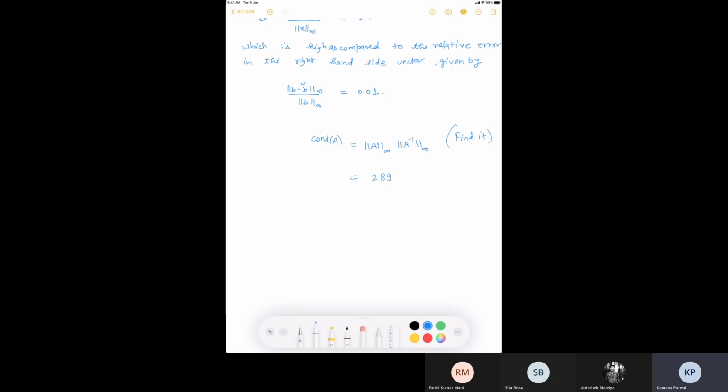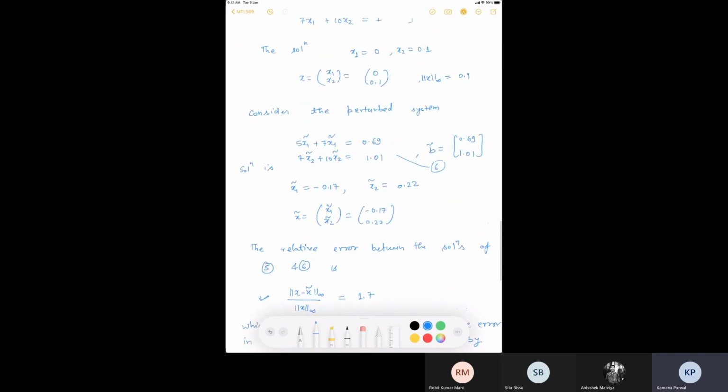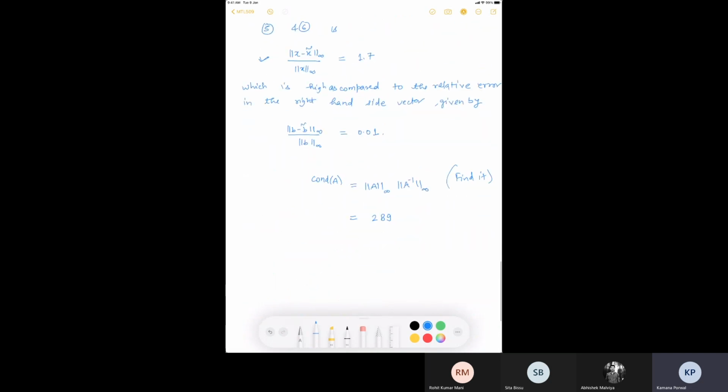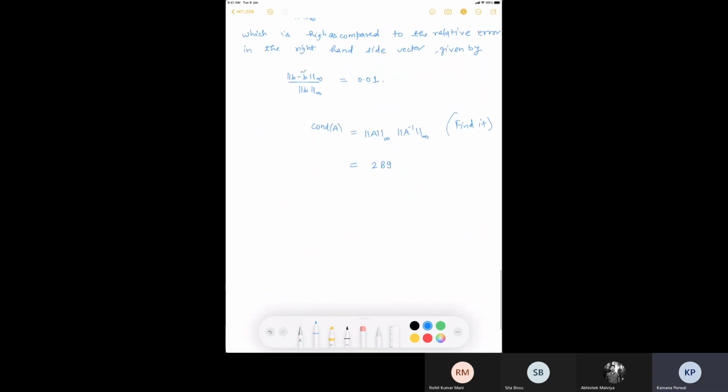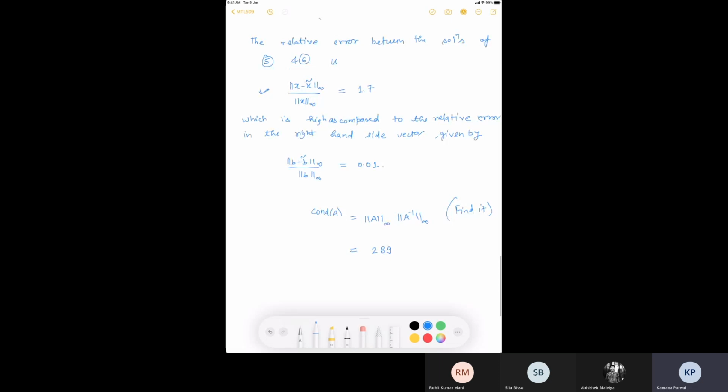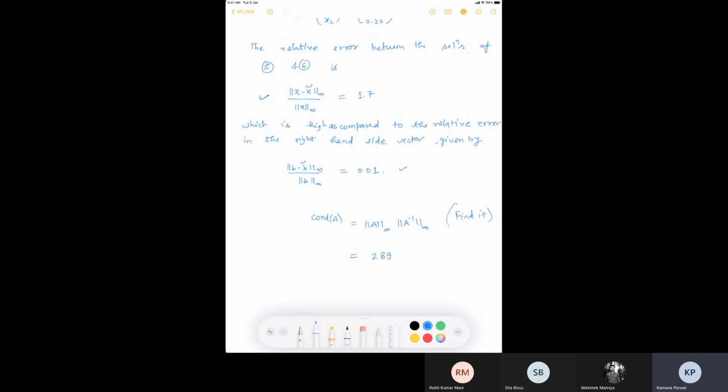So you can see that the condition number of the matrix is very large. What we are expecting is that it should be close to 1, but this is a large number. So this is the reason that even though the relative error in the right hand side vector is small, that is, you have a very small perturbation of the right hand side vector, the two solutions are far away.